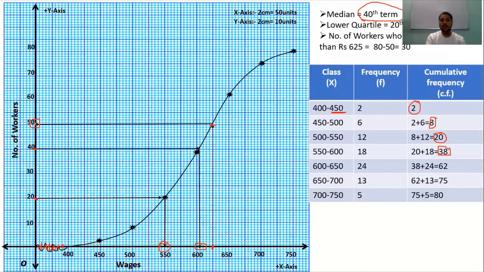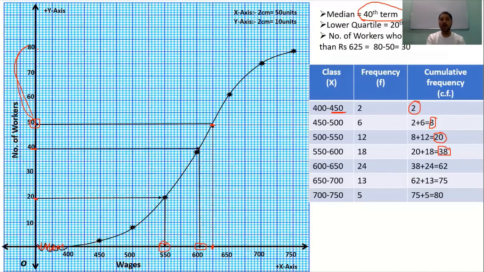So how many workers are there who earn more than 625 rupees? At this position we have from 50 to 80 the number of workers who earn more than 625 rupees, and below 50 we have the number of workers who earn less than 625 rupees.